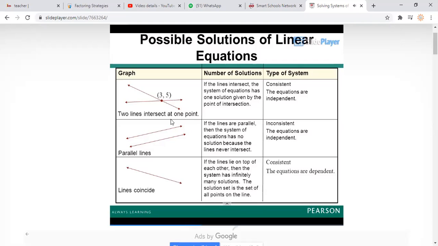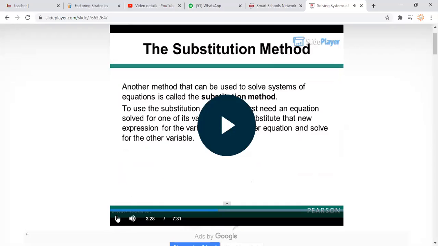If the lines are parallel, then the system of equations has no solution because the lines never intersect. Inconsistent. The equations are independent. Parallel lines. If the lines lie on top of each other, then the system has infinitely many solutions. The solution set is the set of all points on the line. Consistent. The equations are dependent. Lines coincide.